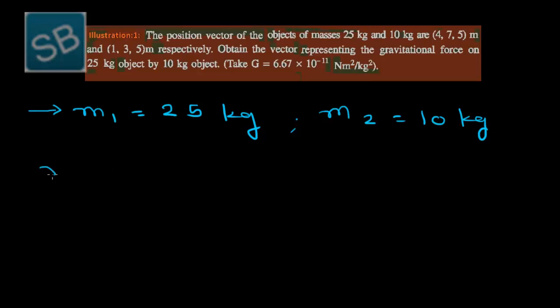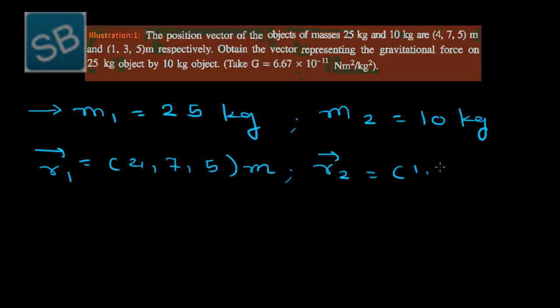R1 vector is equal to 4, 7, 5 meter and R2 vector is equal to 1, 3, 5 meter. And we have to obtain the vector representing the gravitational force on these two objects.